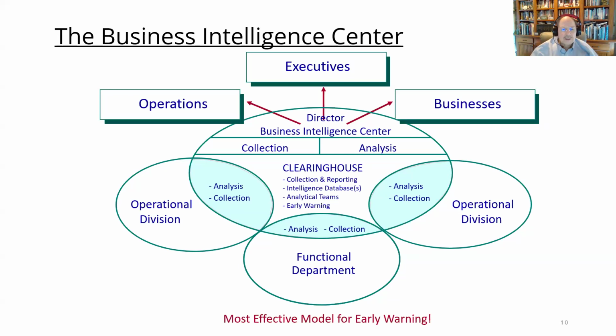And that director is going to be the one that moves information coming in from operational divisions, from functional departments, and from operational divisions on the other side, out to whoever the customer is. And that could be the business units, could be operations units, or it could be executives.